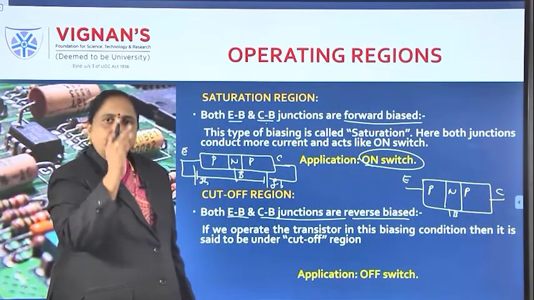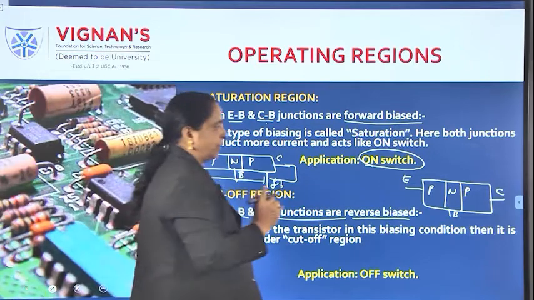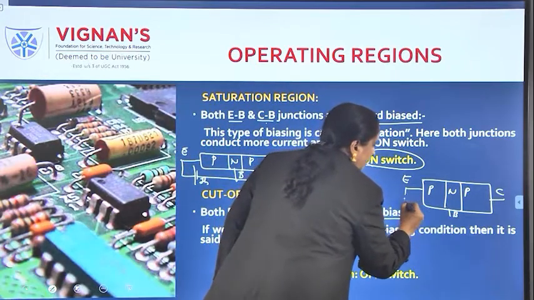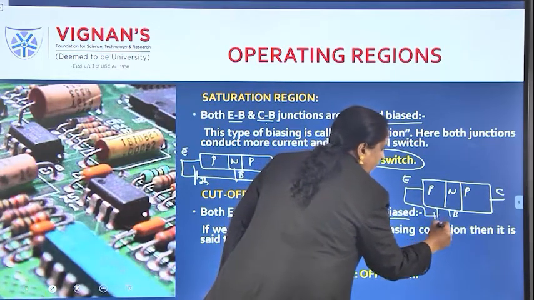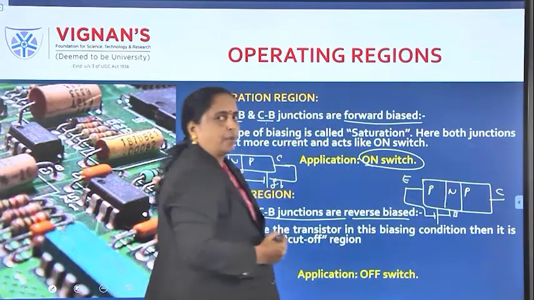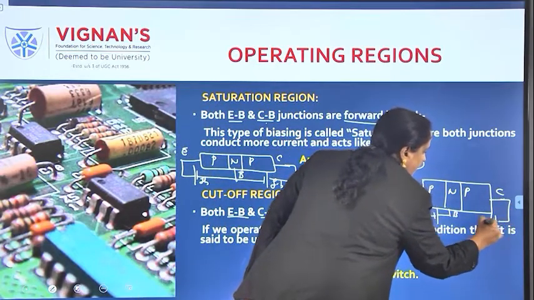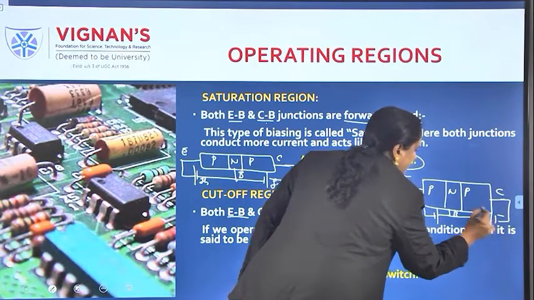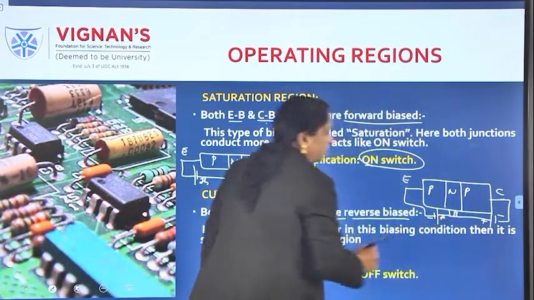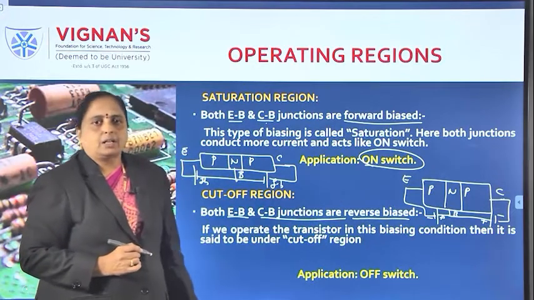Both the emitter-base and collector-base junctions must be reverse biased. See here, the emitter side P is reverse biased, and the collector is also reverse biased. The collector material is P, therefore it is again reverse biased, minus plus and minus plus. This is known as the cutoff region.